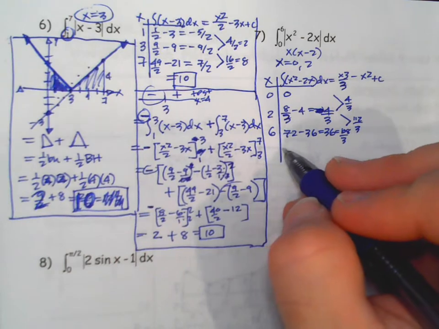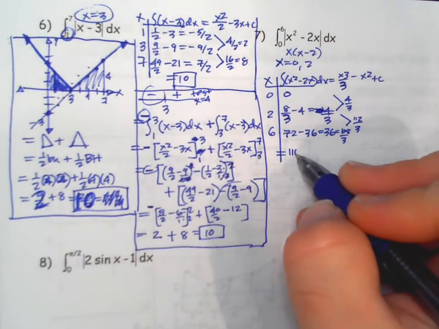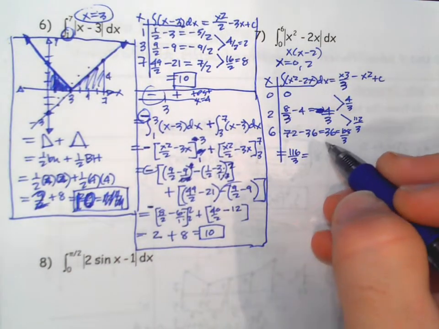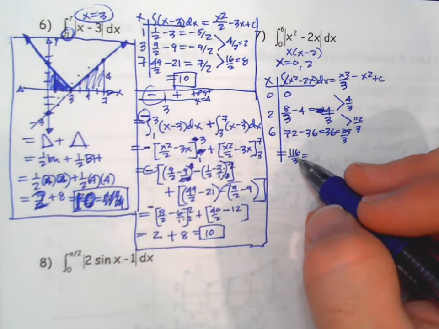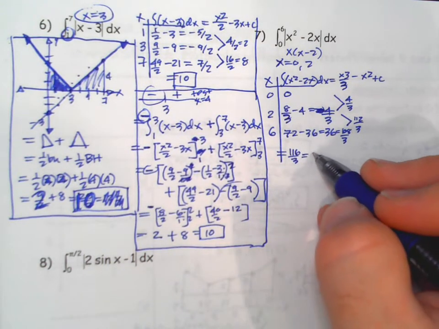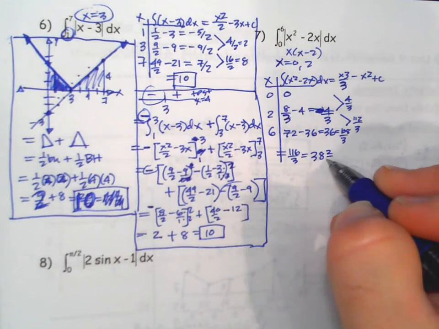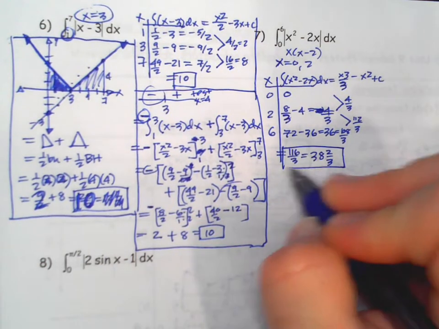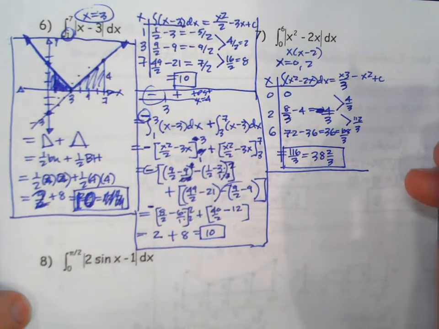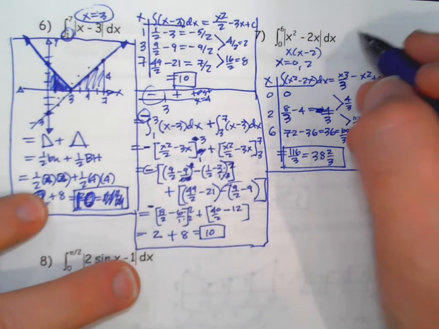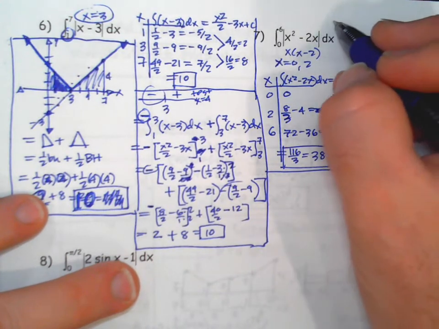And so together, it's going to be 116 thirds. 3 goes into this 38 and 2 thirds. You can leave it 116 thirds. That's totally fine. So there's that approach. And then there's the other approach where we would do a line check.